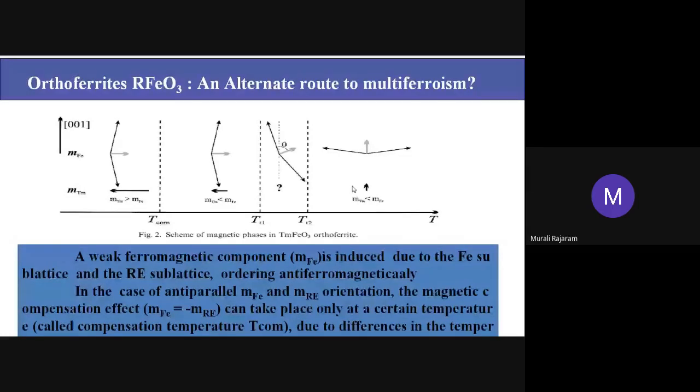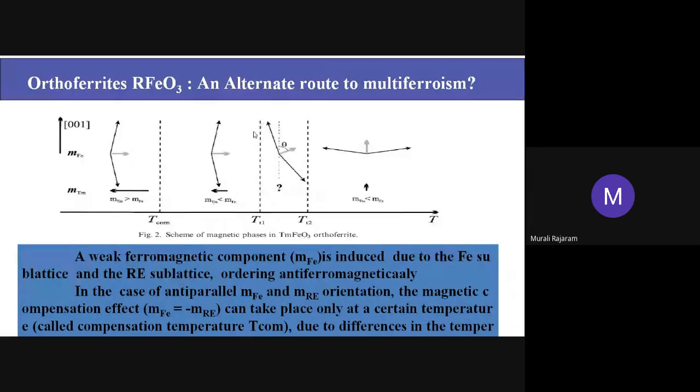If you cool down, if you reduce the temperature, the most interesting thing is that the iron spins start rotating spontaneously. That is very important. That is called spin reorientation.